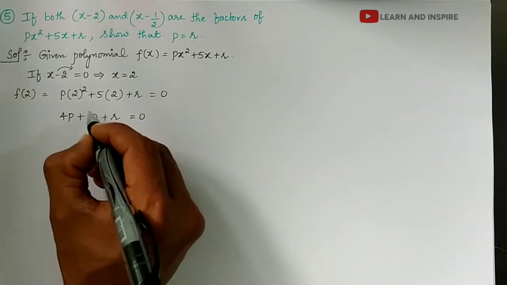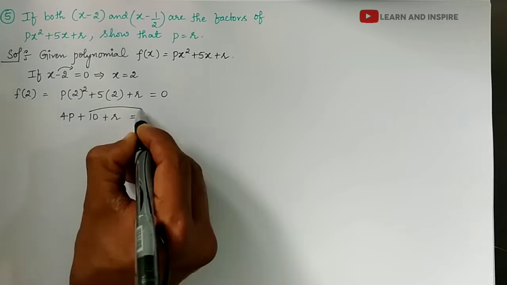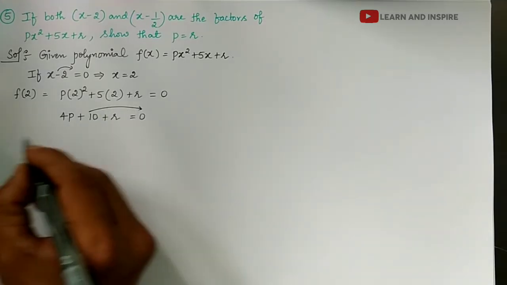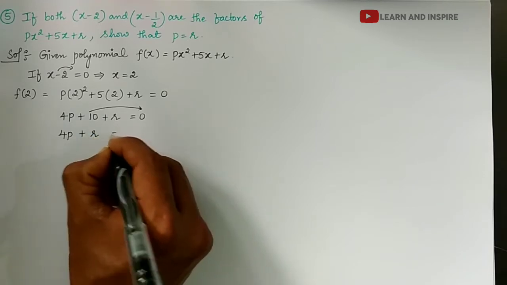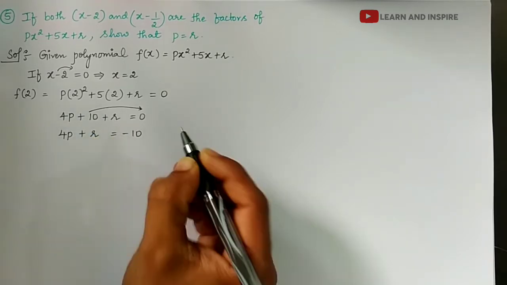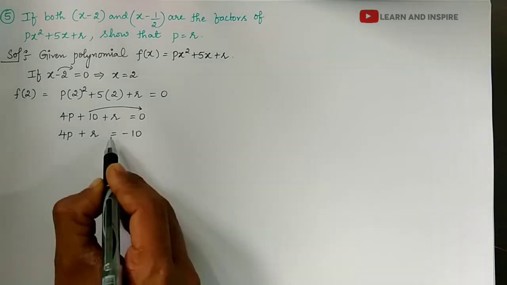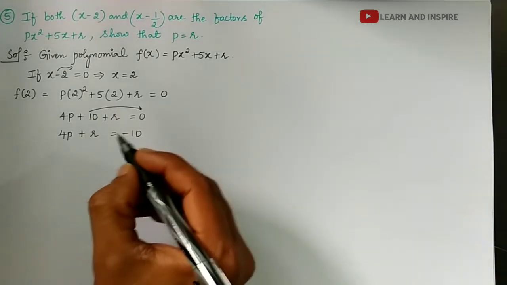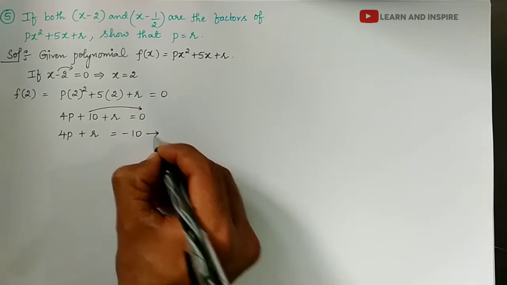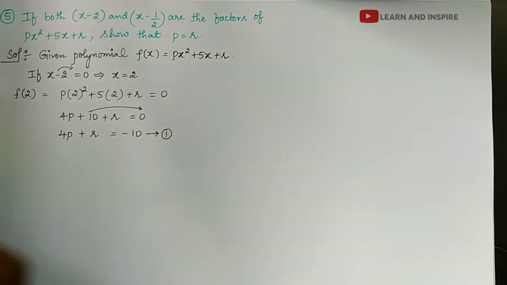Here there is a constant term, so transposing plus 10 to the right side it becomes minus 10, and we get 4p plus r equals minus 10. I take this as equation 1.